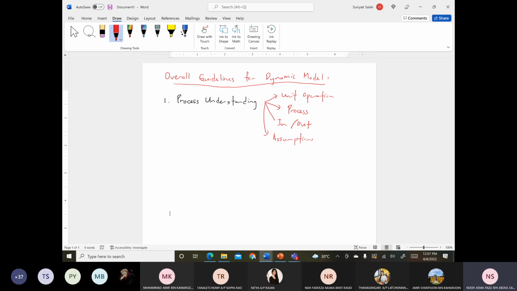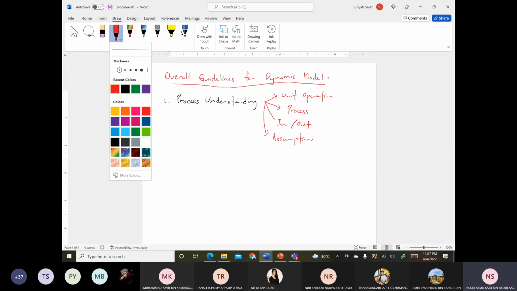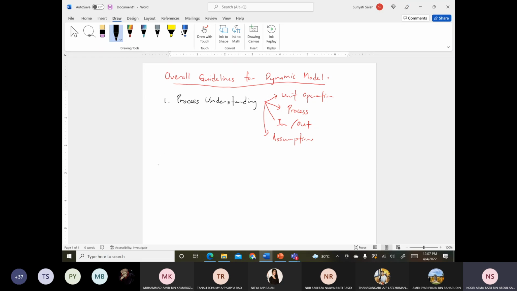So this process understanding will definitely shape your required balance. Once you understand the process, step number 2 is to derive the required balance.